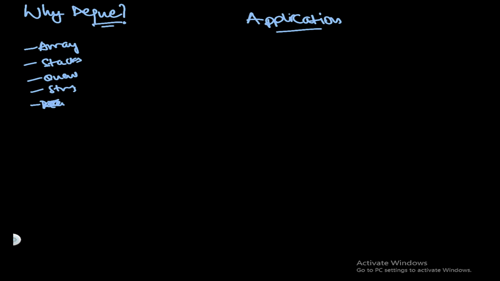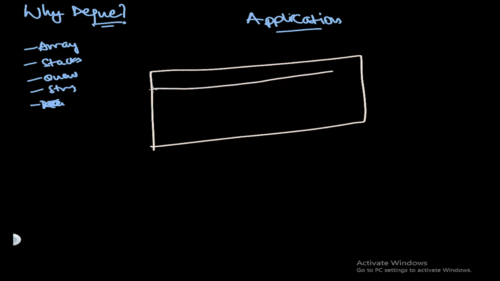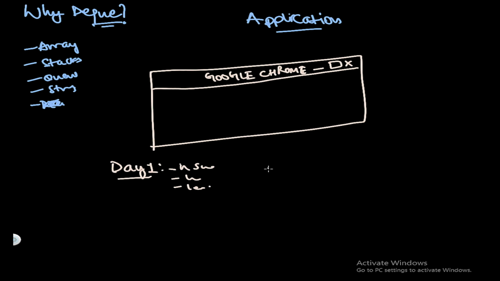Yeah, so take an example. Say that this is your Google Chrome, and you came on day one and searched for some websites, such as newtonschool.com, then LinkedIn, then leetcode.com, and you did this for the first half an hour, and then you close the LeetCode tab.